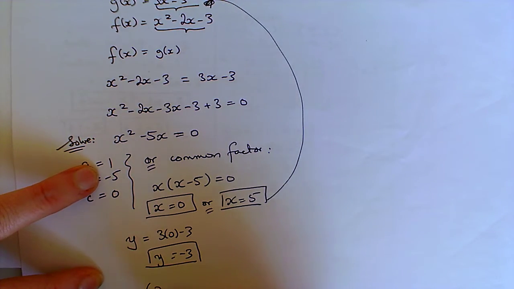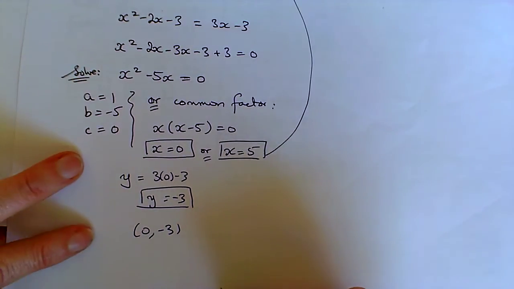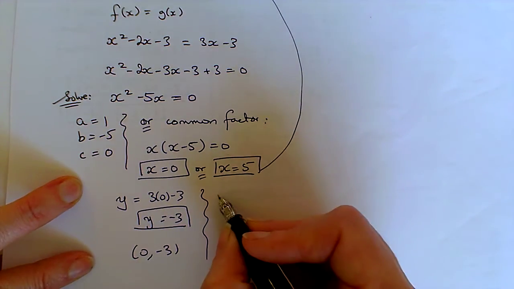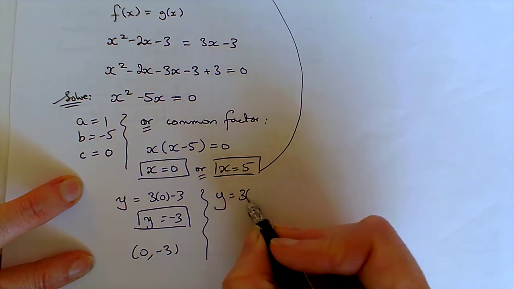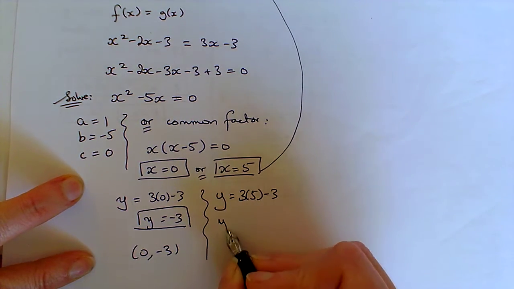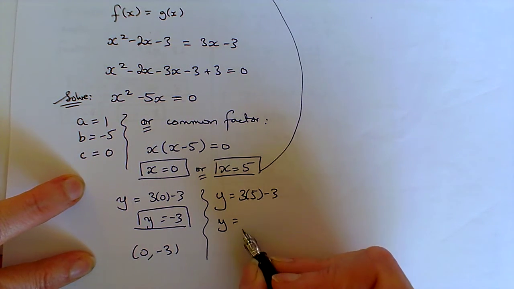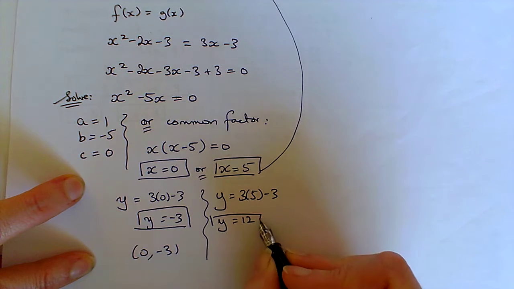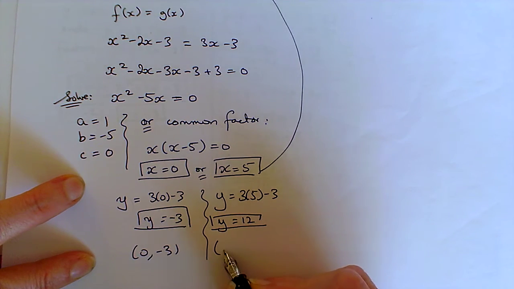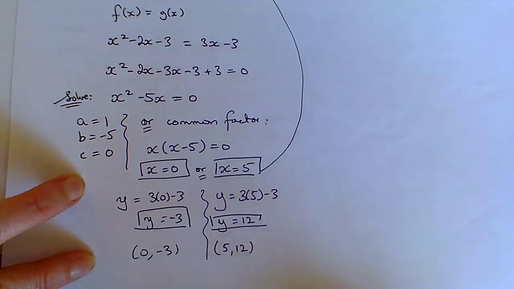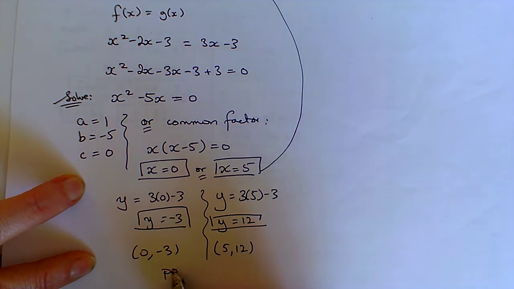And that was the point (0, -3) on the y-axis of our graph. And when x is equal to 5, y is equal to 3 by 5 minus 3. So y is equal to 15 minus 3, which is 12. And so we have (5, 12) as our 2 points of intersection.